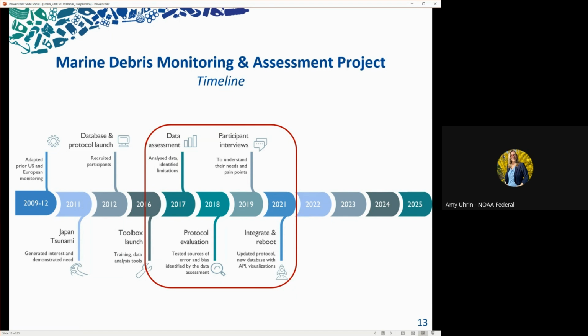Because partners are self-selecting sites and they're collecting data at varying timescales, there's a lot of spatial bias in the data, and the temporal and spatial coverage of the data is limited. So the scale of inference is very, very localized.